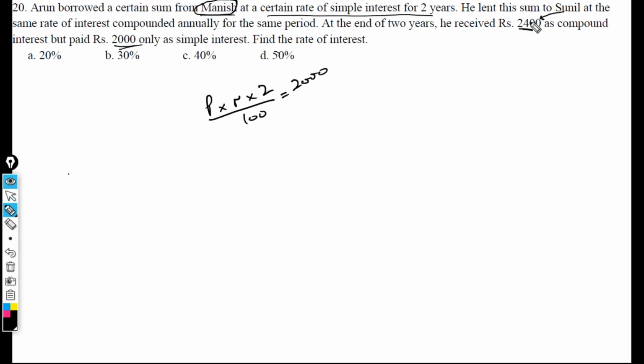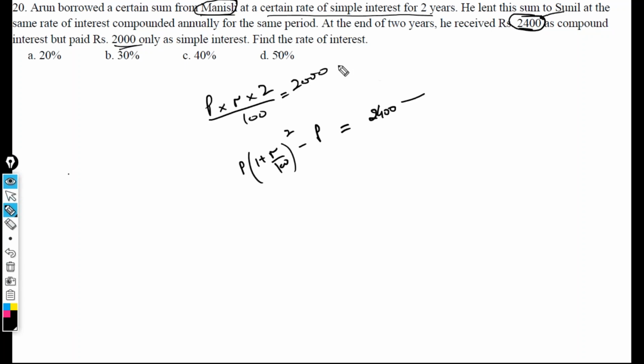On the other side, he got 2400 as interest. So this 2400 is going to be P into 1 plus R by 100 raised to power 2 minus P equals 2400. Is that clear, everyone?